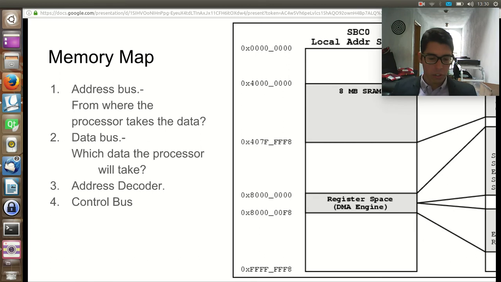And when you know the address and you took the specific data at that address, this data will return to the processor. You might ask which data the processor would take. The memory is located in the processor's memory space, and the processor communicates over two sets of electrical wires called the address bus and the data bus.